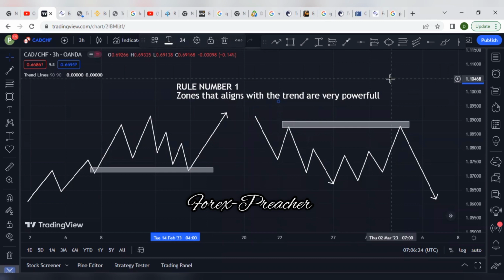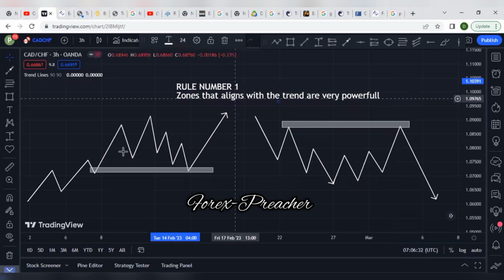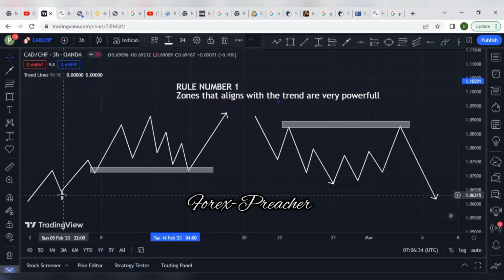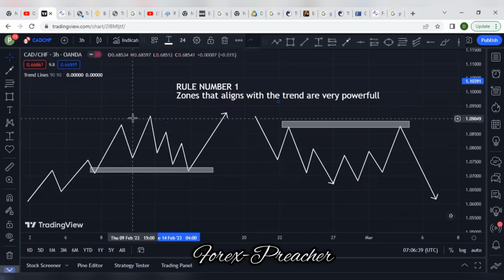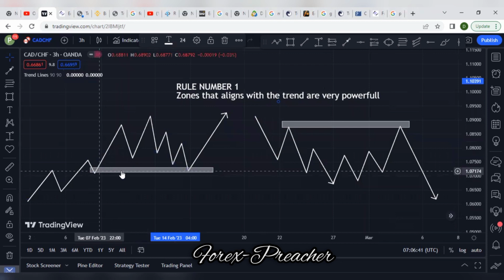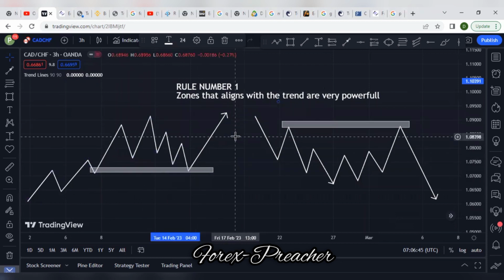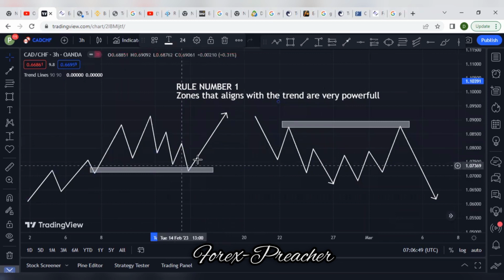Now, the first rule is that zones that align with the trend are very, very powerful. As you can see, typically in a bullish market, price is doing its normal higher highs and higher lows. We have a demand zone over here, and then price came back to this demand zone, and then it has to pull up. So if you have a supply zone in a bullish market, you need to be very, very careful.